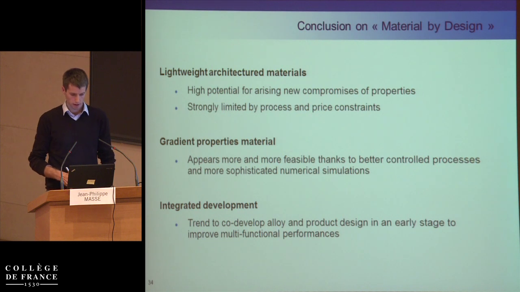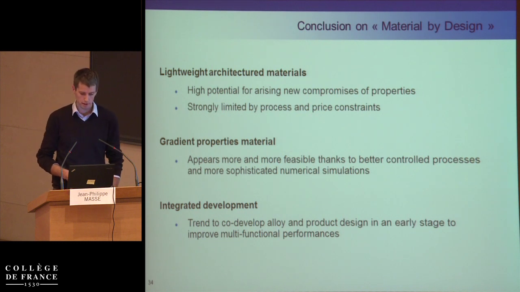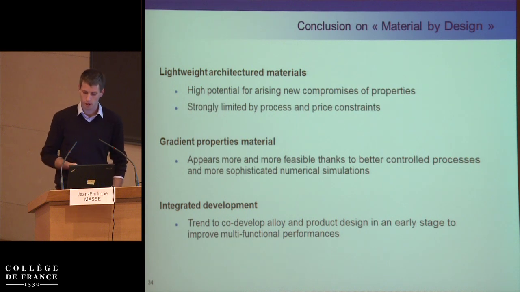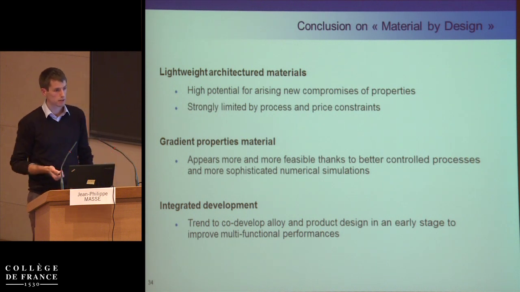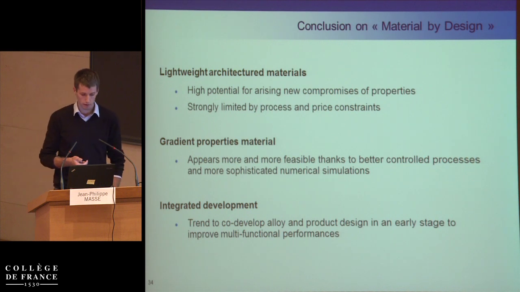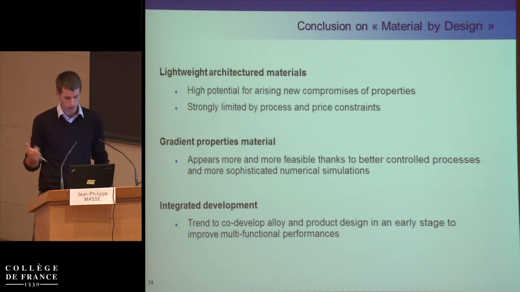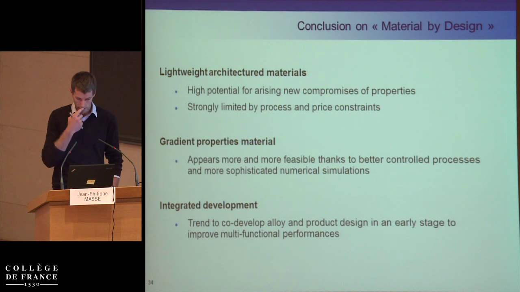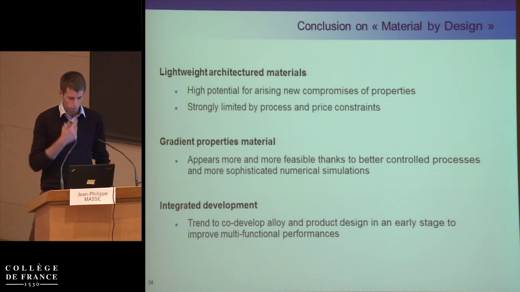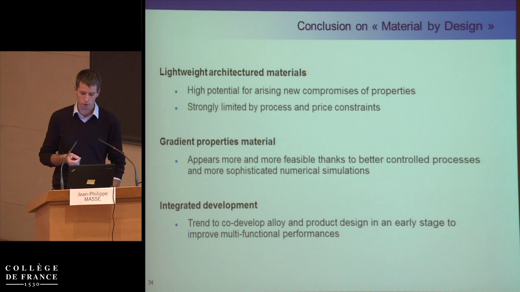But graded property materials are more and more feasible thanks to better control of processes in terms of metallurgy and temperature and so on, and more and more sophisticated numerical simulation.